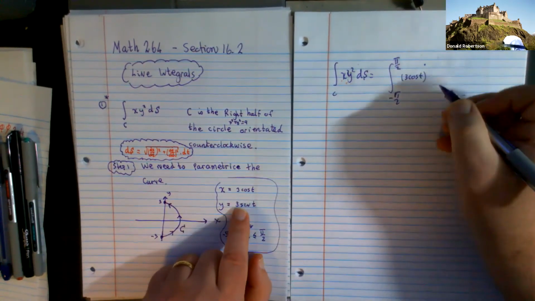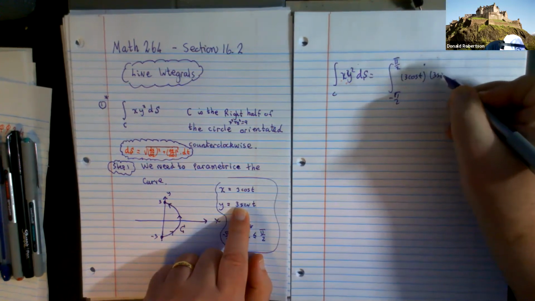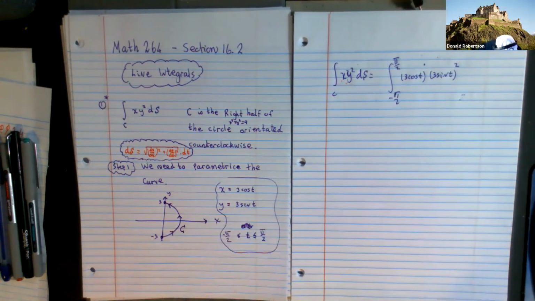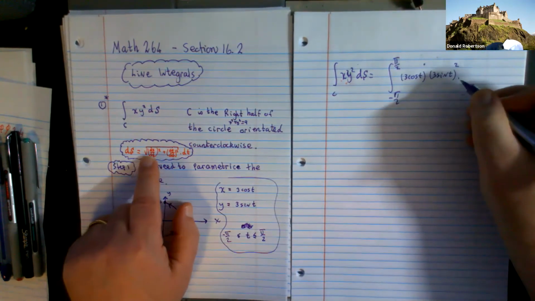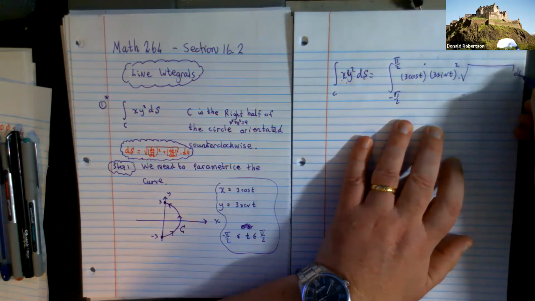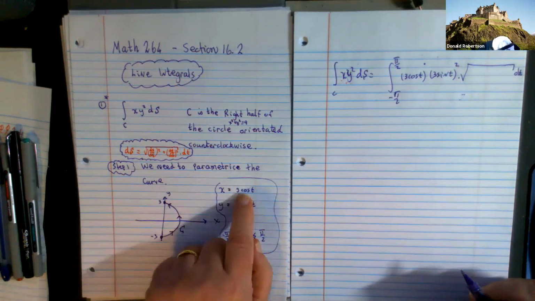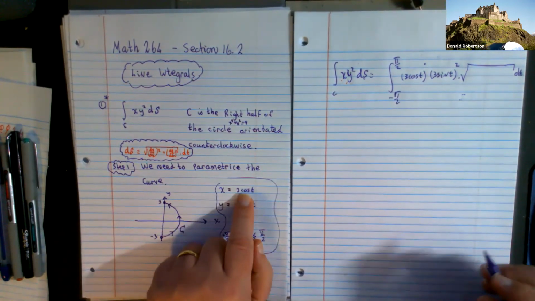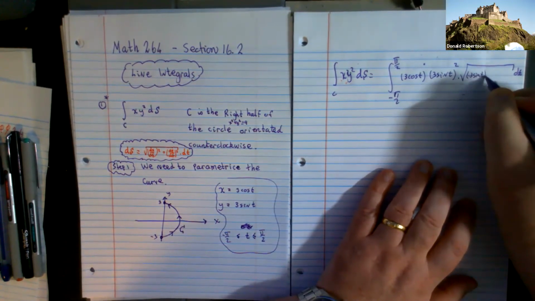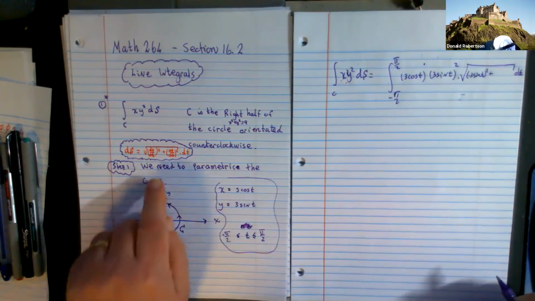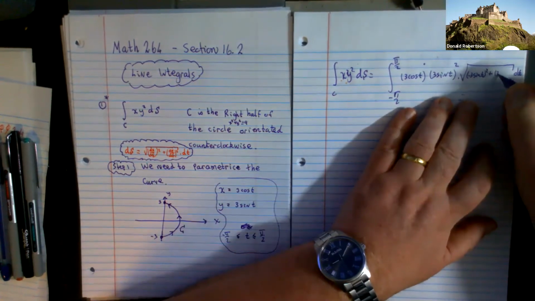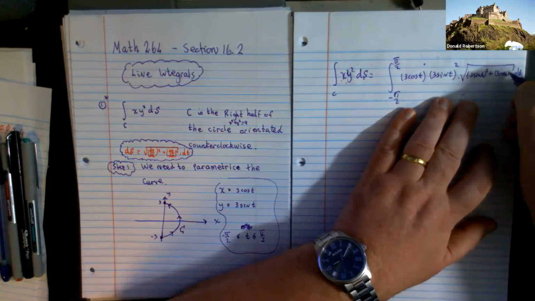The y is going to be replaced by 3 sine t, so y squared. And the ds is going to be replaced by this ugly mess: the derivative of x squared, if you differentiate it, you get negative 3 sine t squared, plus the derivative of y, which gets you 3 cosine t squared.